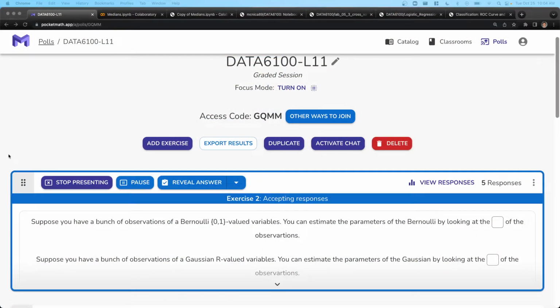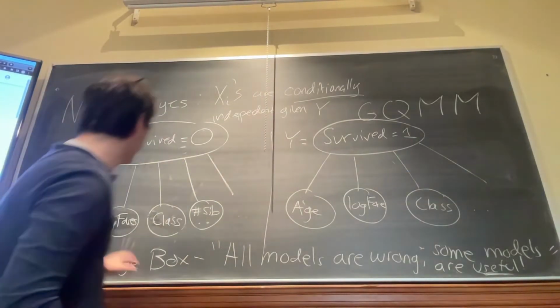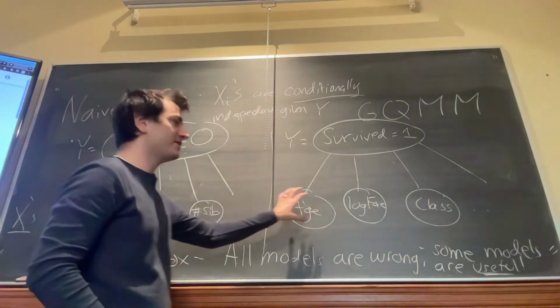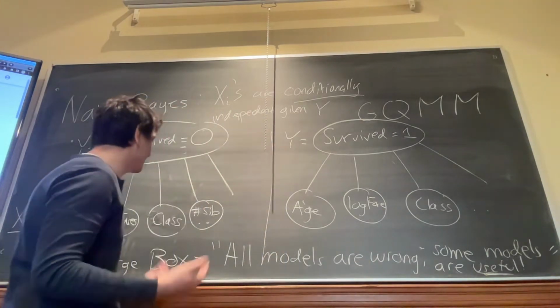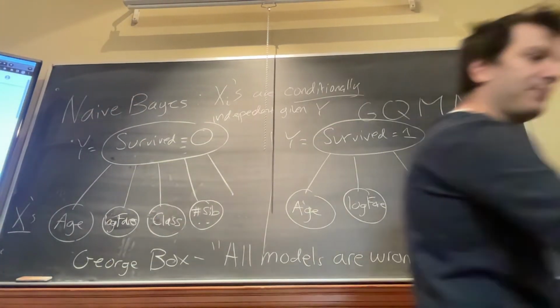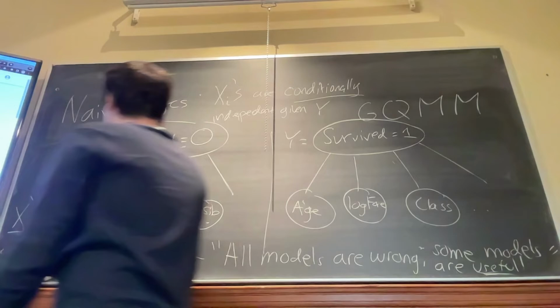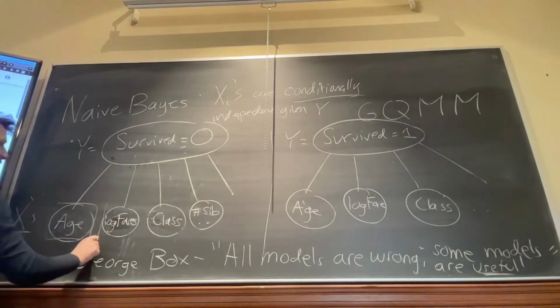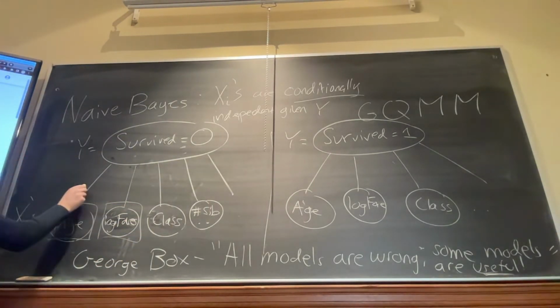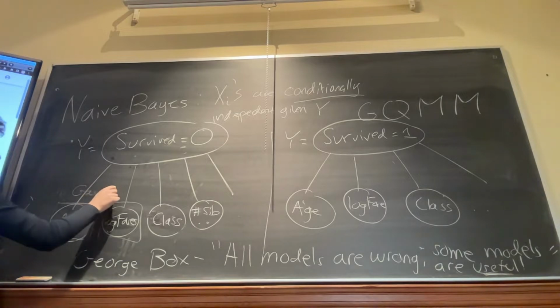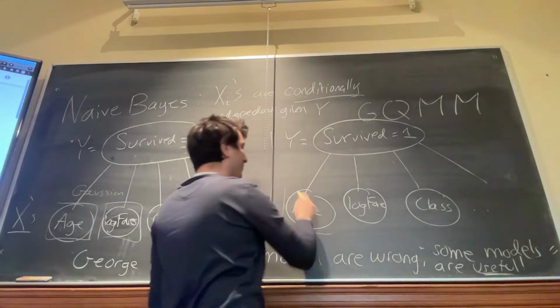Previously I was asking how we estimate the parameters for these. We're pretending they're all independent, which means each blob on the board has a different parameter we need to estimate. Some of them are Gaussian. For example, I pretended that age and log fare are Gaussian, for both groups of people.